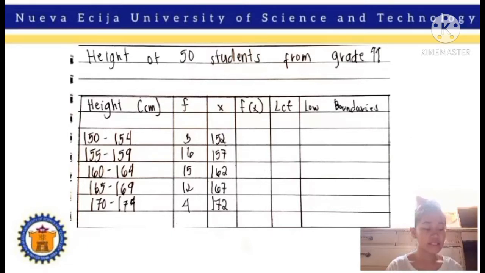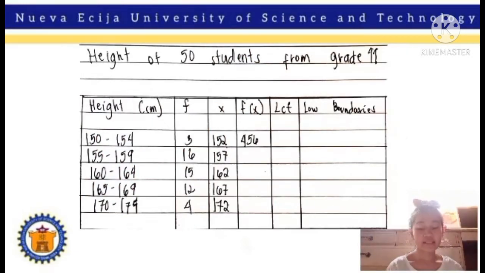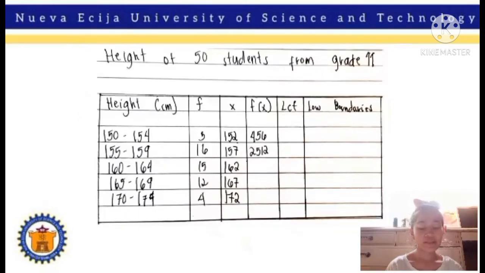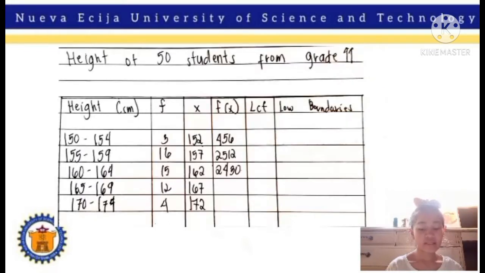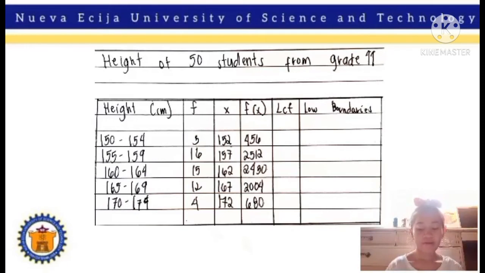So as you can see, we have the frequency times class mark. It means we will just multiply the frequency and the class mark. 3 times 152 is 456. 16 times 157 is 2,512. 15 times 162 is 2,430. 12 times 167 equals 2,004. 4 times 172 is 688.